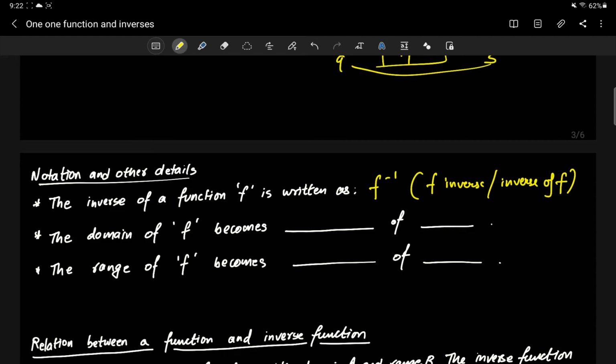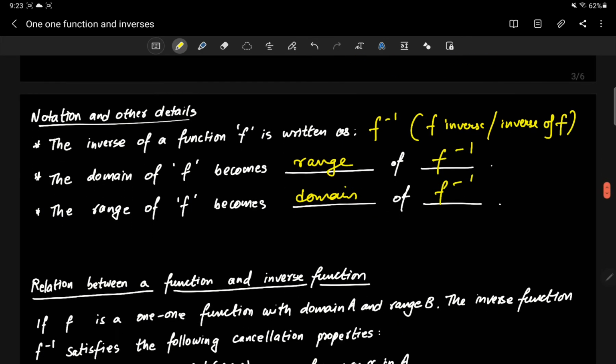So the domain of f becomes the range of f inverse, and the range of f becomes the domain of f inverse. Because remember, x, which is the set of inputs, and all the valid ones are called the domain, and y, which is the set of outputs, and all the valid ones are called the range.